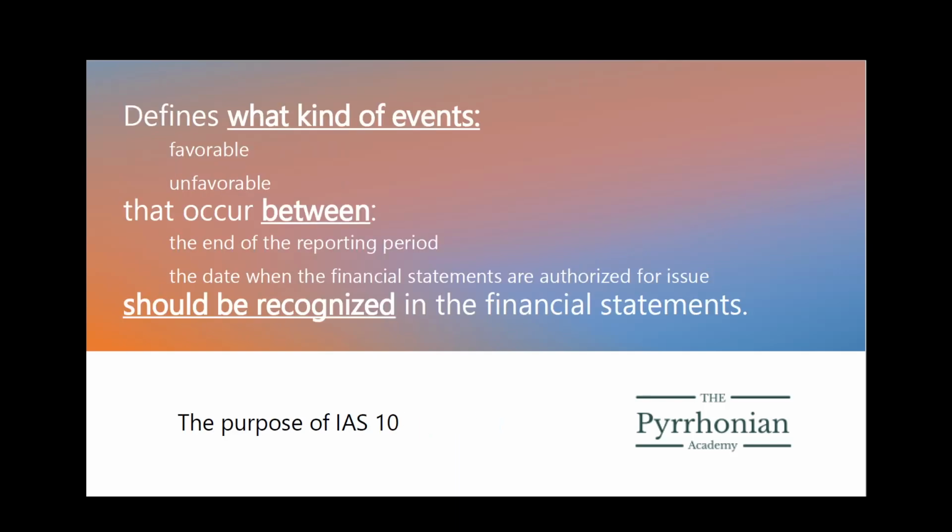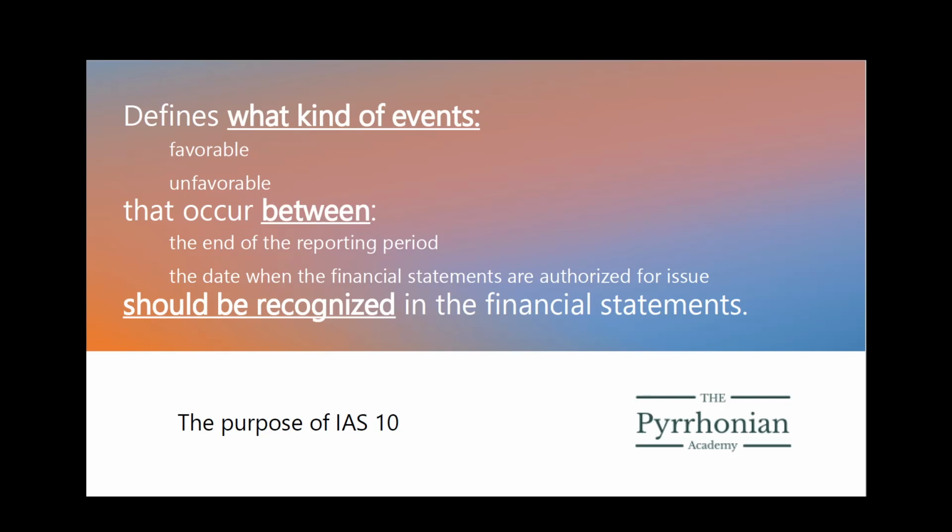So generally the standard relates to all events after the reporting period and how to treat them. The standard defines what kind of events, and we have two basic types of events: events that are favorable in terms of the financial situation of the company, and unfavorable ones, that occur after the reporting period, however, before the date when the financial statements are authorized for issue.